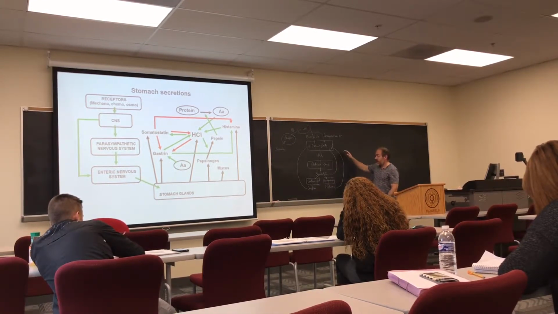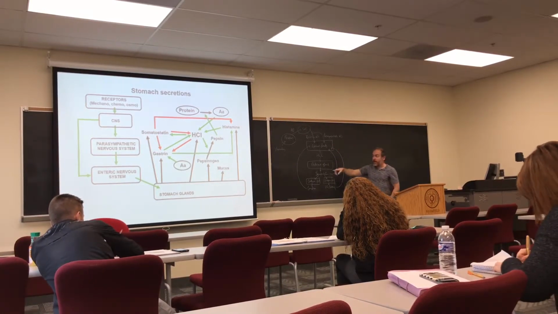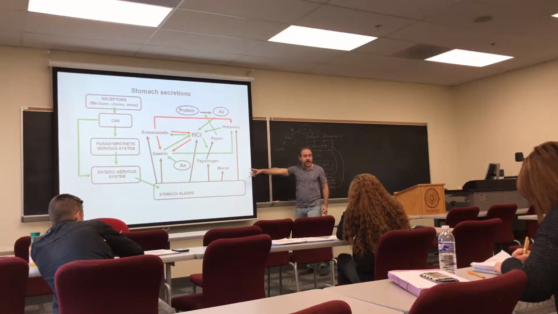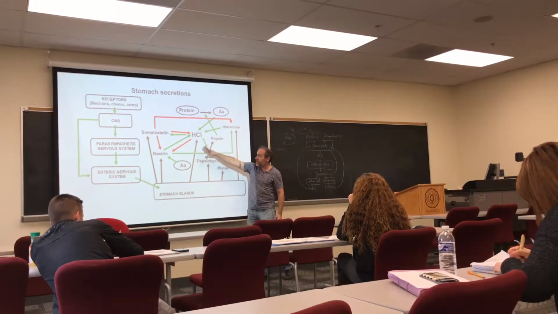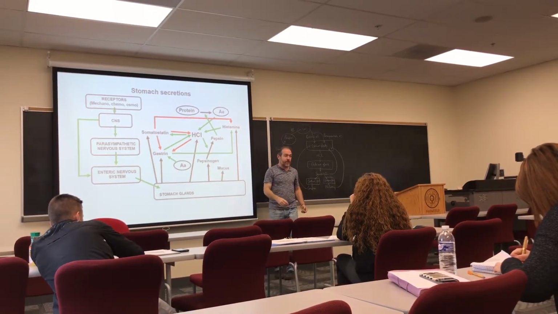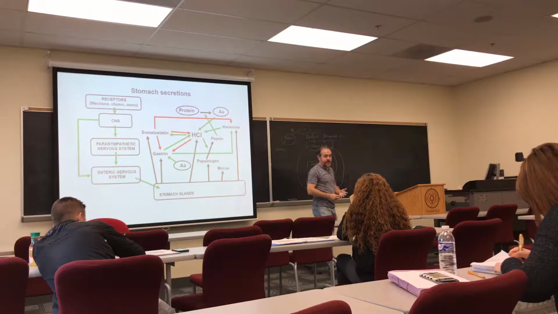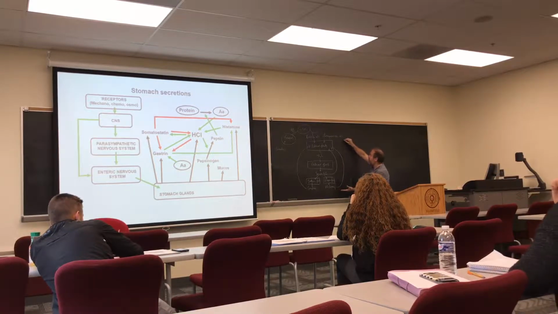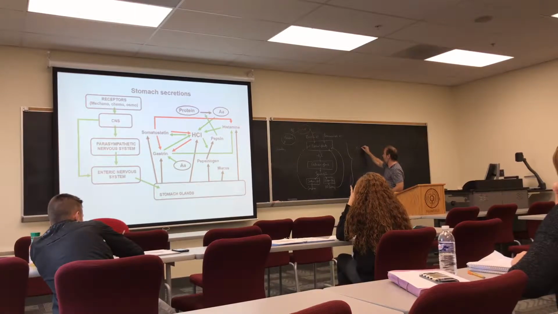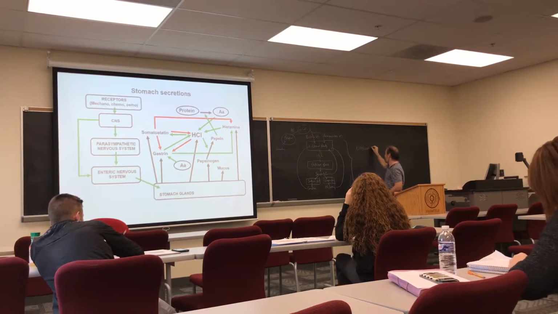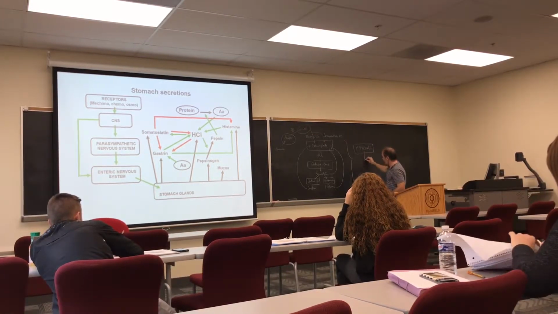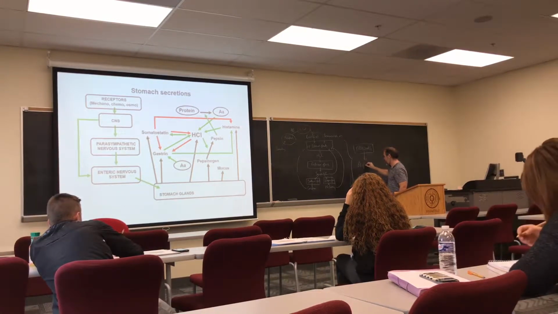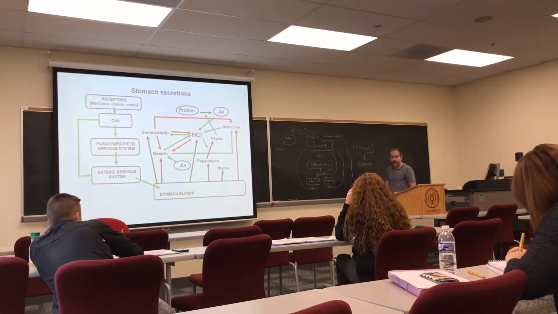So that can be really complicated. I didn't include everything that is going on in the stomach here. This is just a few molecules that are secreted that affect the stomach secretions, okay? But you can reduce this, so if you want to make this simple, what you can say is that this is effectors, responses, right?